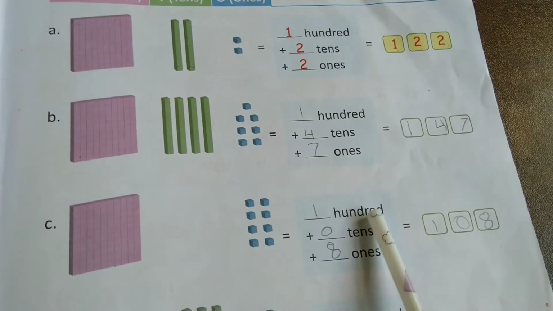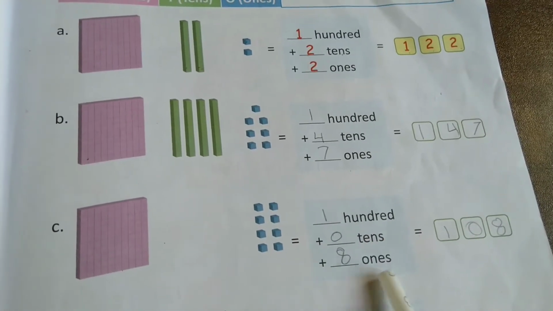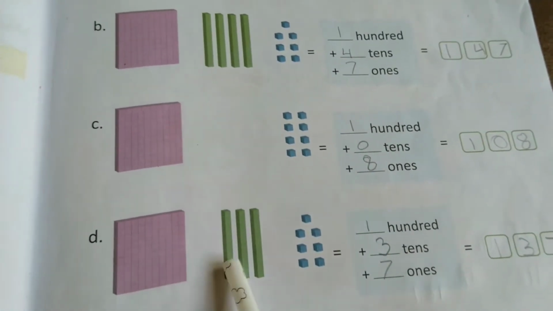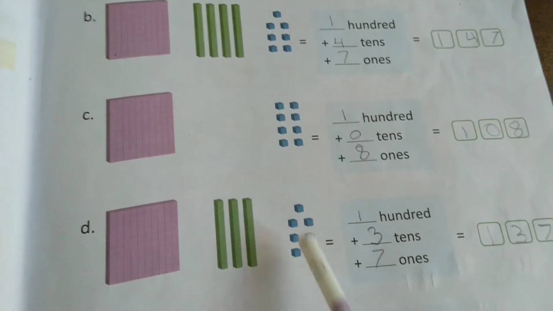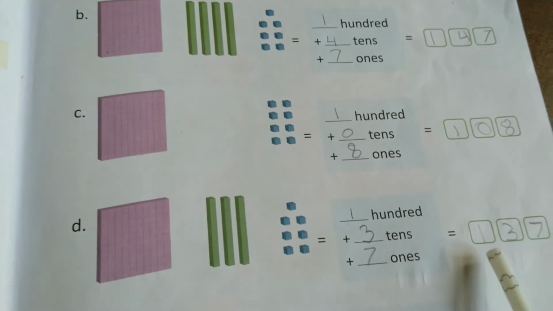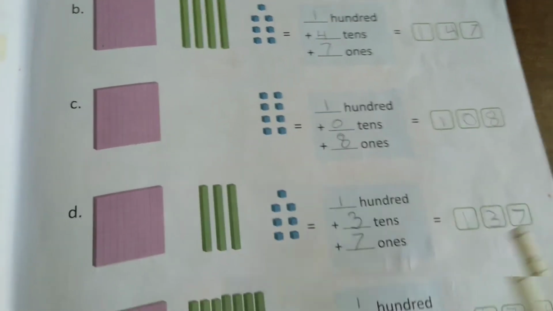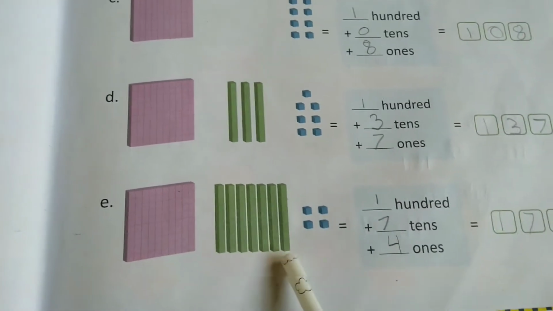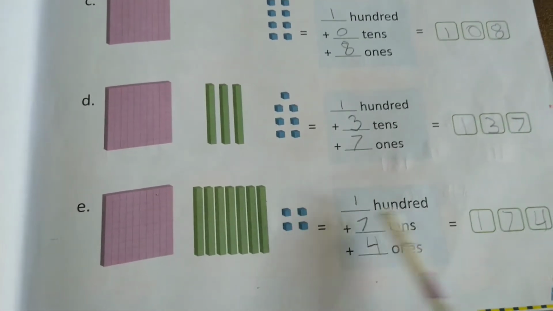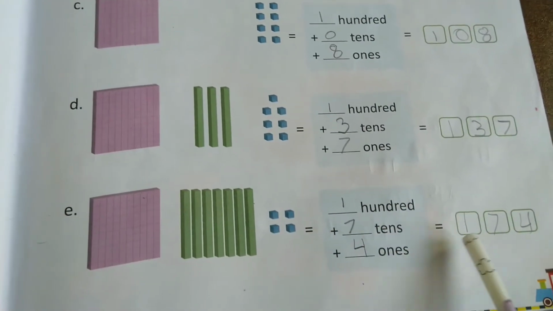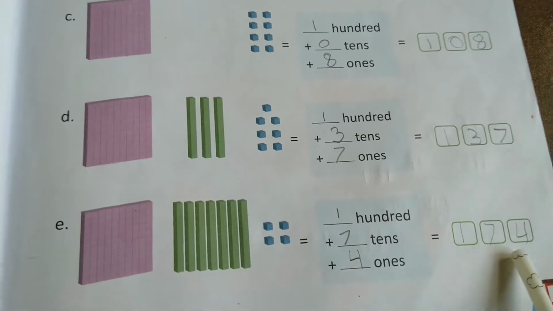So, 100, 0 tens, 8 ones, 108. 100, 3 tens, 7 ones, 137. 100, 7 tens, 4 ones, which is equal to 174.